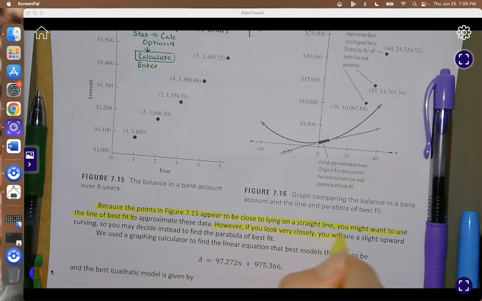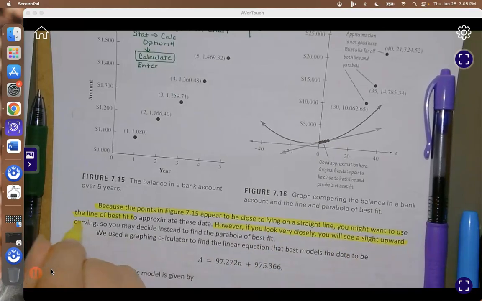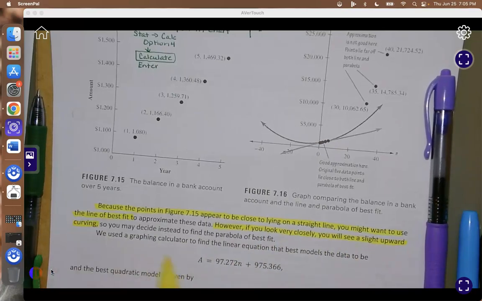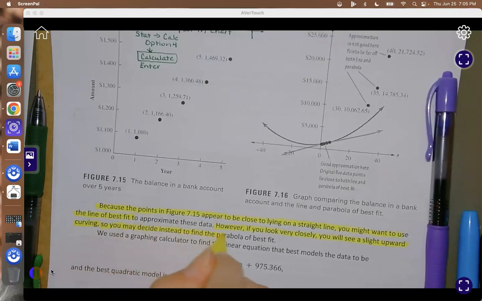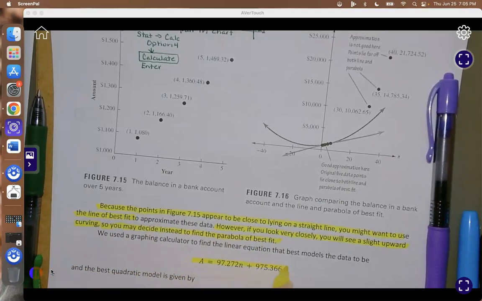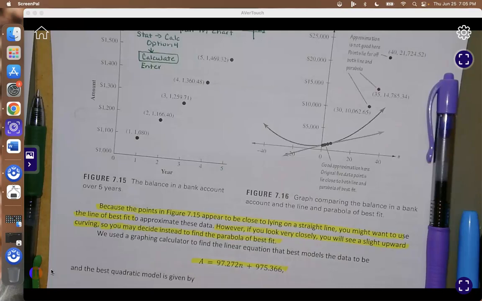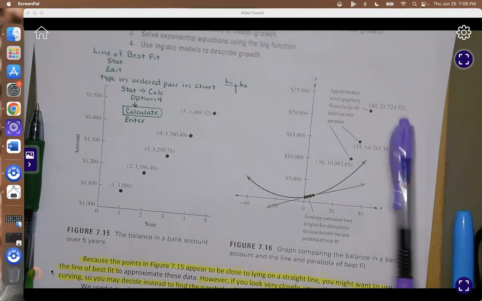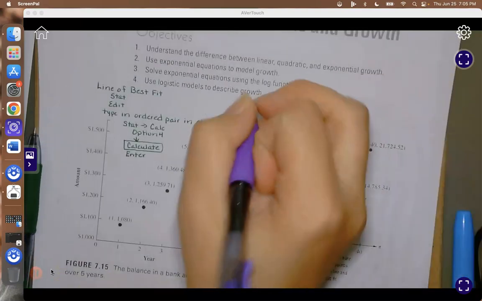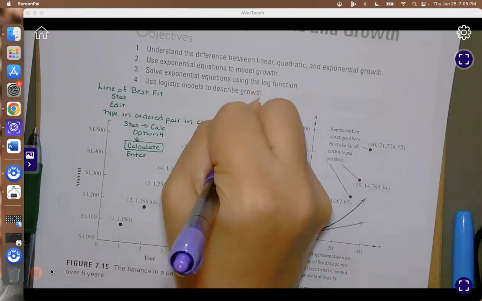However, if you look closely, you'll see a slight upward curving. So you may decide to find the parabola of best fit. So that's the quadratic regression line. Okay, so when it says parabola of best fit, that is also known as the quadratic regression.